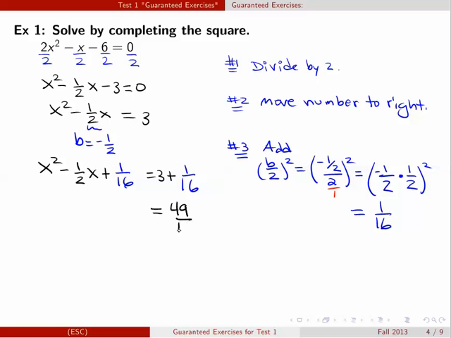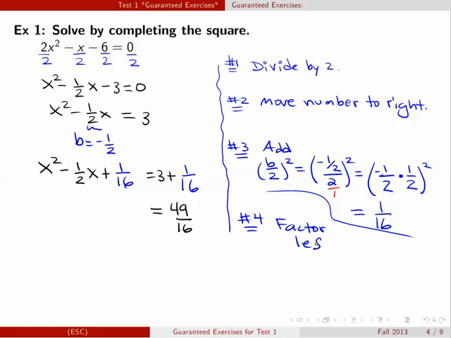Now the left hand side, the idea of completing the square is we should be able to factor the left hand side by adding the special number. So in this case, to factor the left hand side, we write a parenthesis, we write x, and then whatever sign you have in the middle, you bring that sign, so negative.